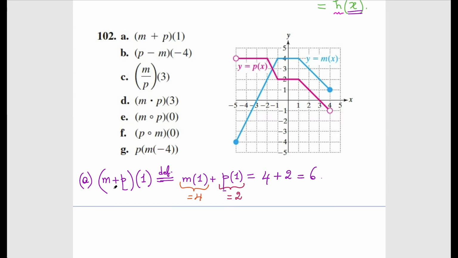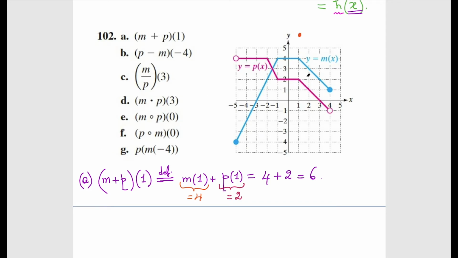So the sum function m plus p is going to take the value 6 when the input is 1. Correct? That's how you interpret this. Meaning, if you try to graph the function m plus p, the sum of the two functions, it's going to have an output 6 at 1, right? So the function is going to be maybe somewhere here. Remember, m plus p is just the sum of the two.